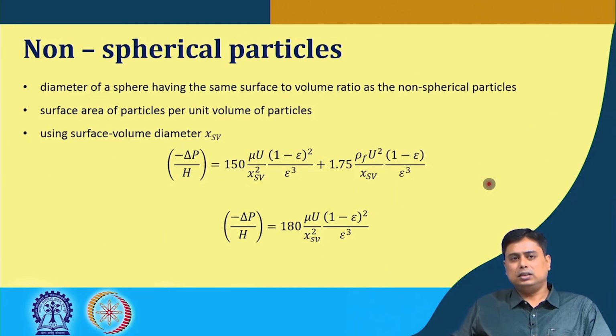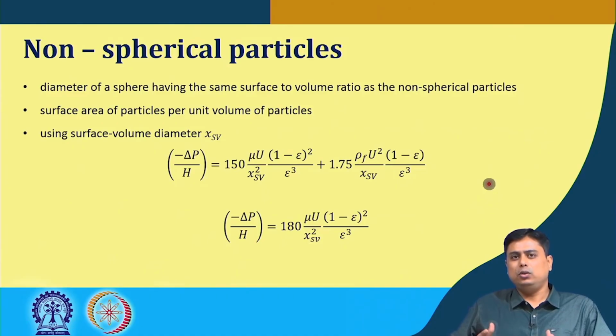Now, here is the answer: when solving such cases, be it the Kozeny-Carman equation or the Ergun equation, you should always put a stress on the surface volume diameter, which is the XSV in this case.